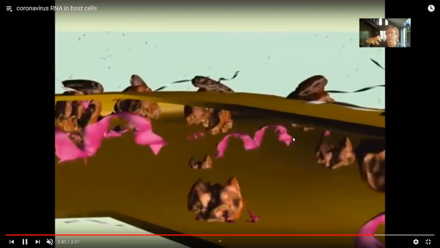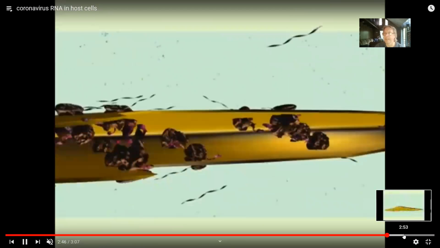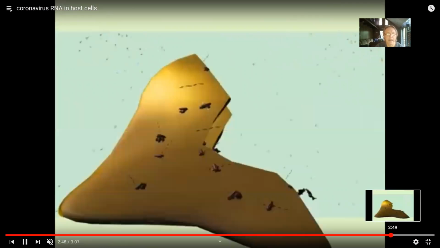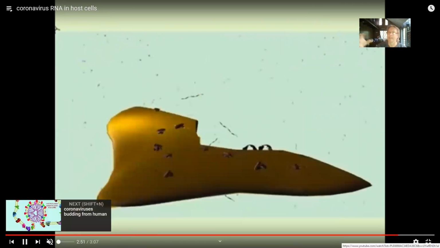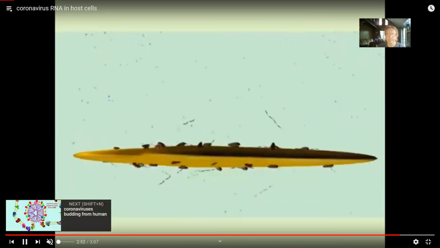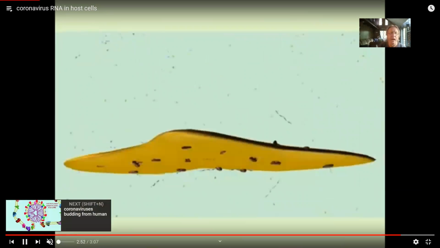And now that you have viral proteins in human cell membranes, now you have all of these copies of the viral nucleic acid, then it gets packaged inside a virion. I have more on that elsewhere. I'll point you to that in just a second.